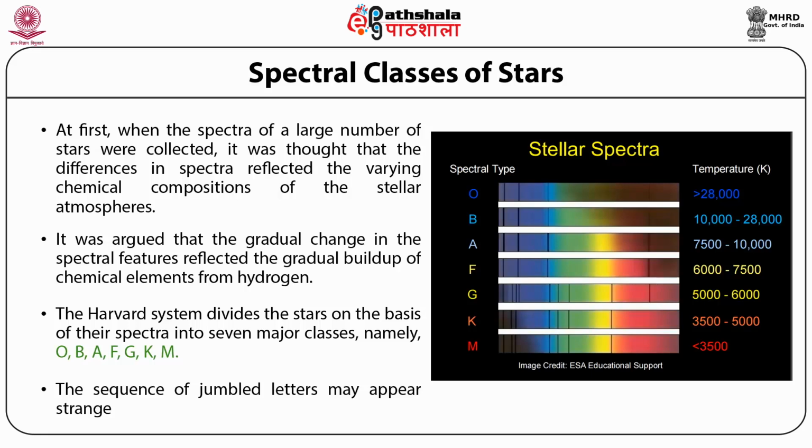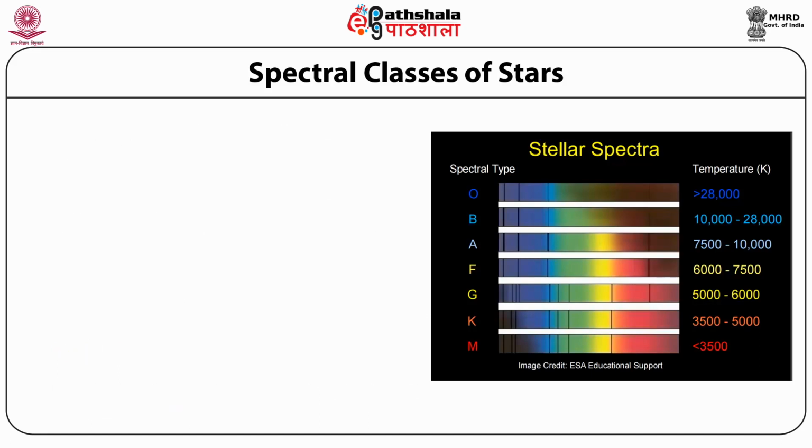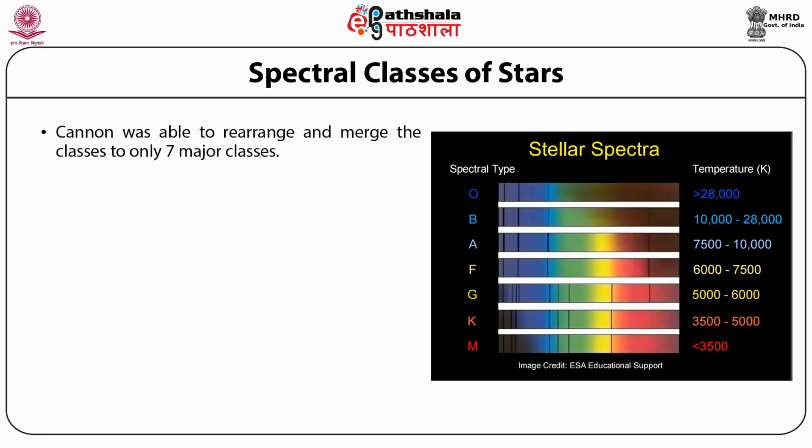Initially, the classes ran in alphabetical order from A to Q, 22 classes running from the simplest to the most complex spectra. This scheme was too unwieldy, so Cannon was able to rearrange and merge the classes into only 7 major classes.